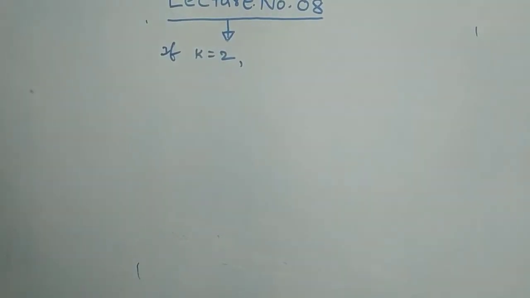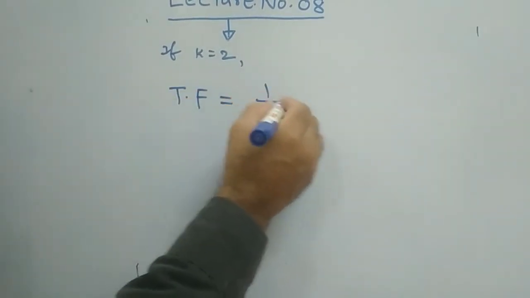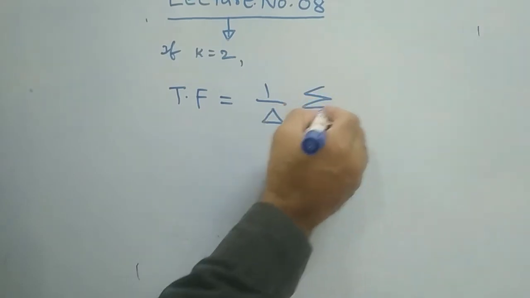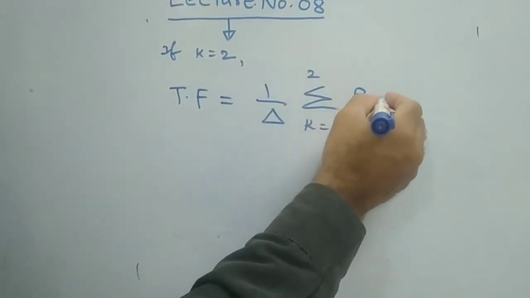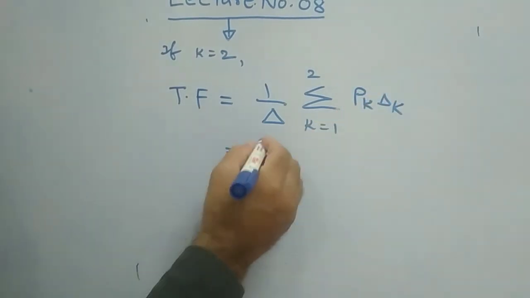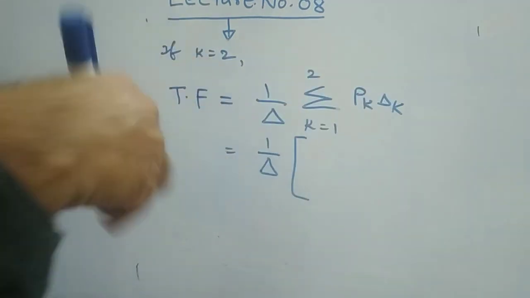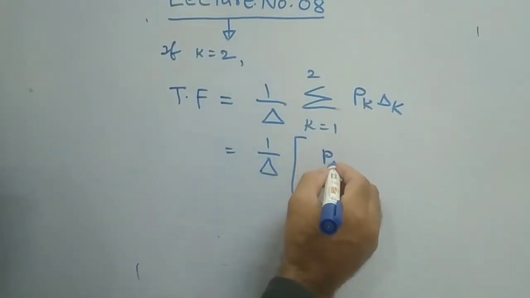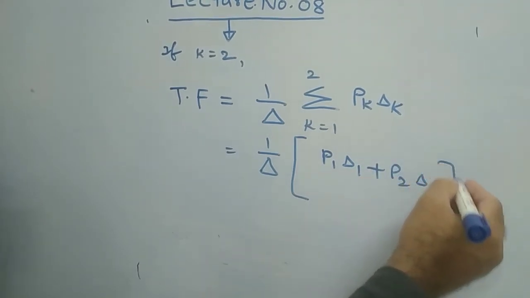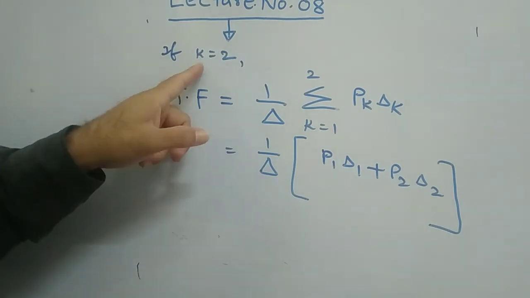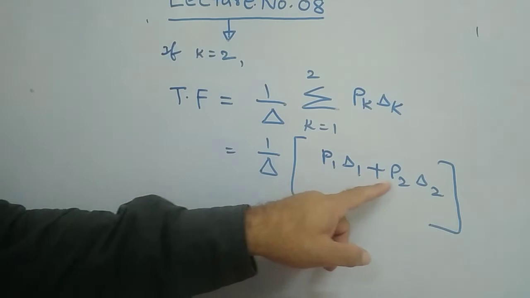For k is equal to 2, your transfer function is equal to 1 by delta sigma k is equal to 1 to 2, pk delta k. This means that for k is equal to 2, this expression can be expanded like this: p1 delta 1 plus p2 delta 2 by delta. That is the meaning of it.